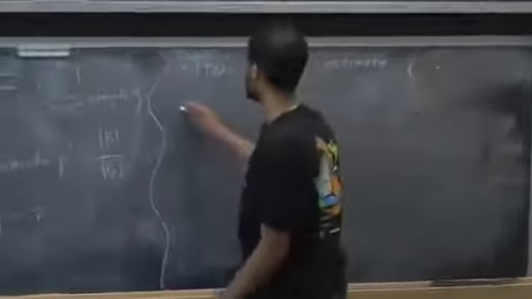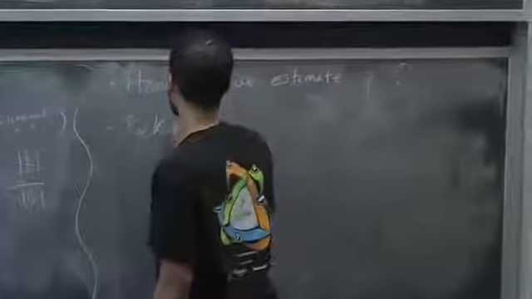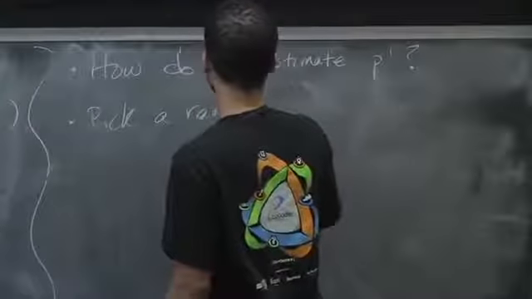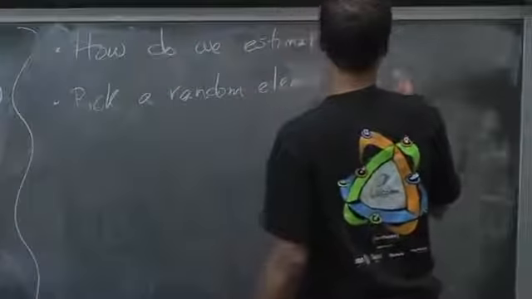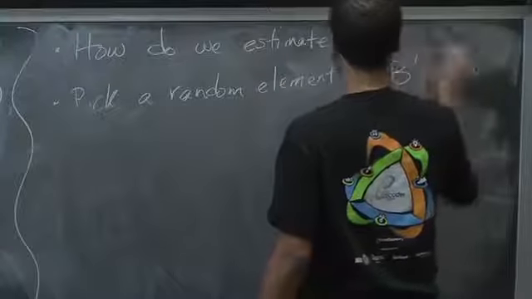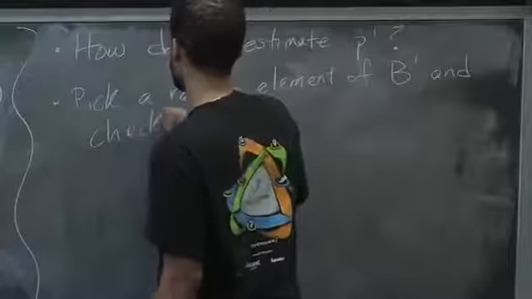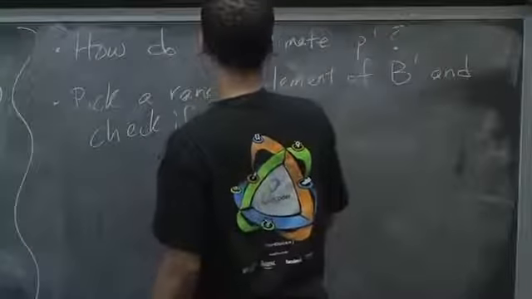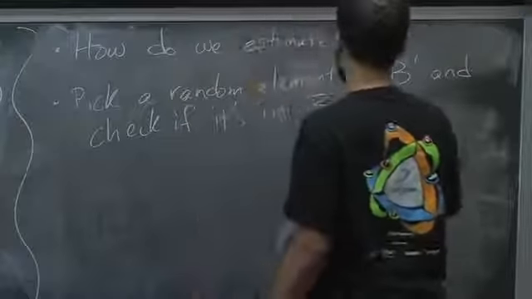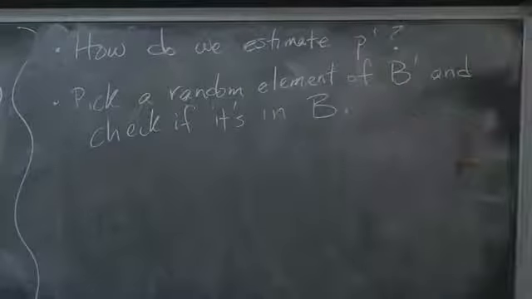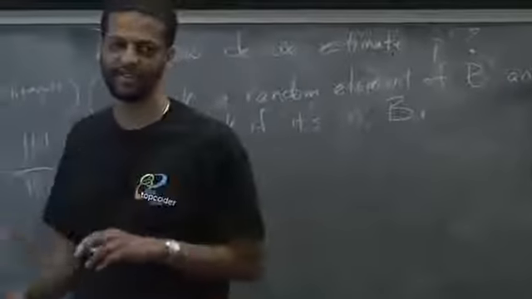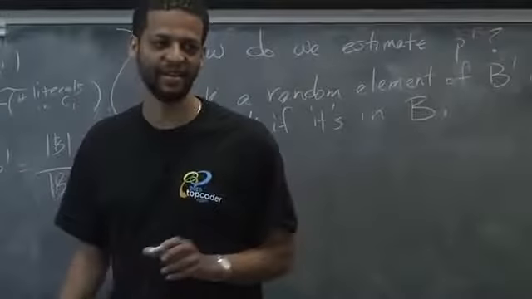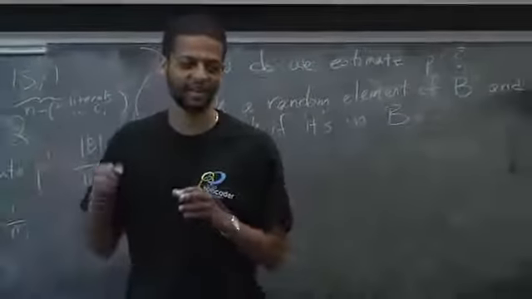So pick a random element of B prime and check if it's in B. Checking if it's in B is sort of a weird thing to say because of the types of the elements of B prime and the types of elements in B. When I say type, I mean in programming languages.